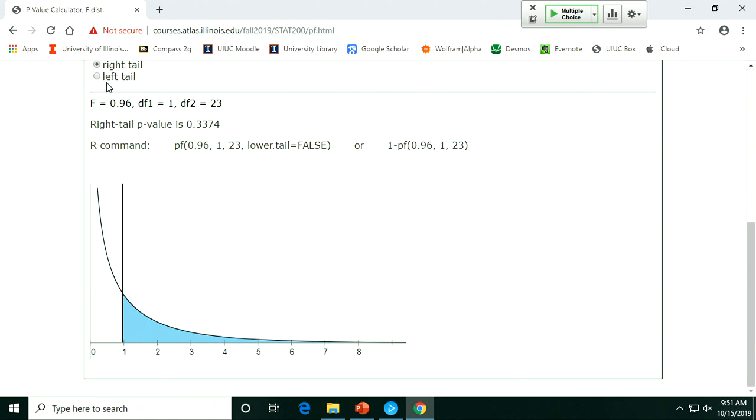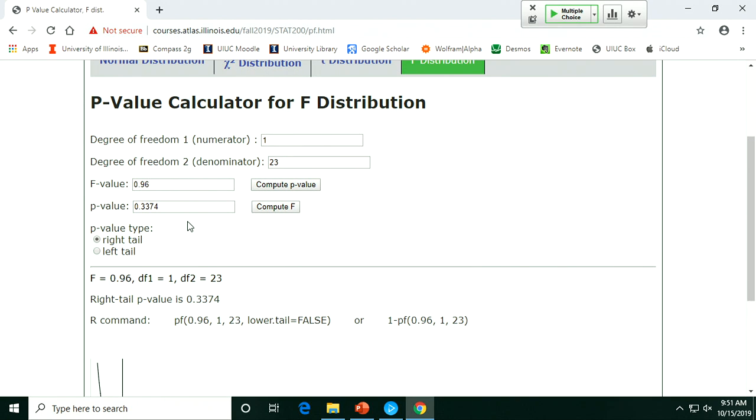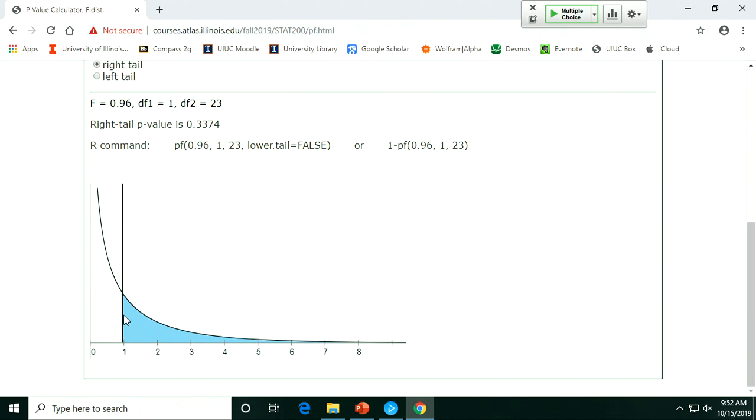So we'll go up here, right? And it's very asymmetrical. And we said that we got a value, so our p-value right here is 33.74. About 34% of the curve is on this side.